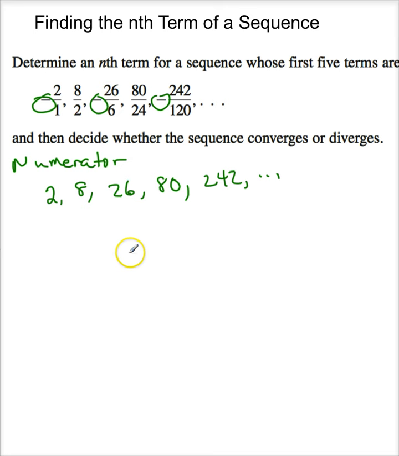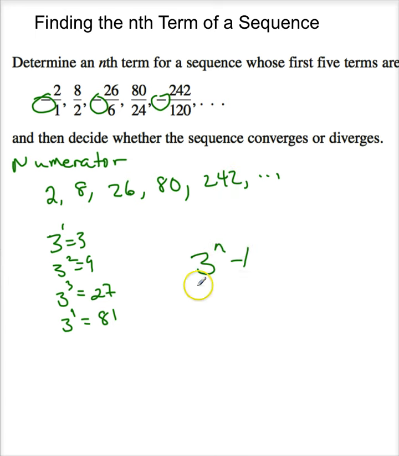Well, this is not a standard pattern, but I do notice that 3 to the first is 3, 3 squared is 9, 3 cubed is 27, 3 to the fourth is 81. Okay, so I'm seeing that for my numerator, these are becoming 3 to the n minus 1. So these are all 1 less than the 3 to the n.